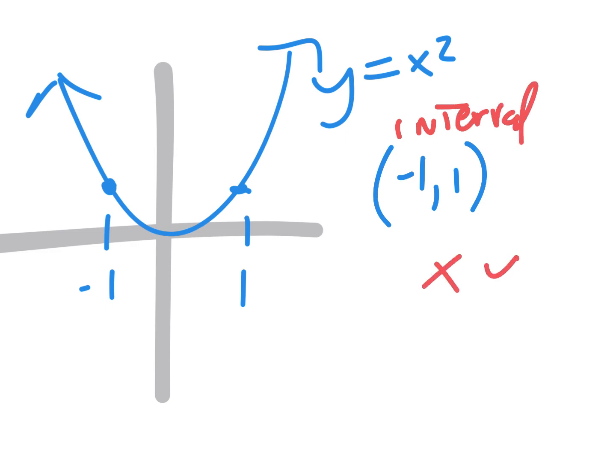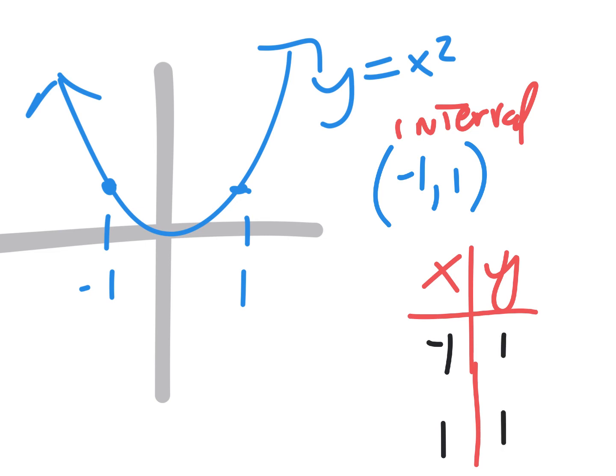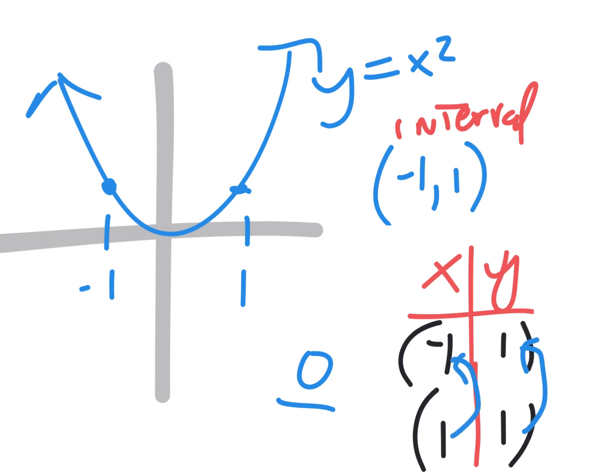And then you'd go like this, and you'd put in negative 1, and you'd put in 1. And if I put in negative 1, I get 1. And if I put in 1, I get 1. And now I can take and find the slope between those, which is going to be 1 minus 1 is 0 over 1, 0 over anything is 0.